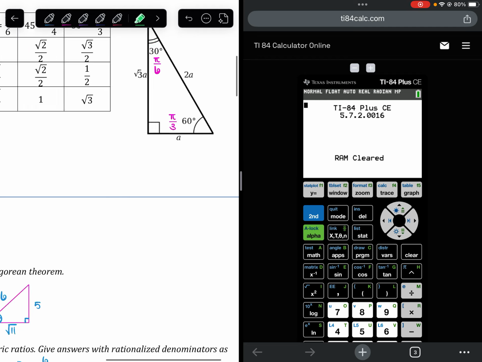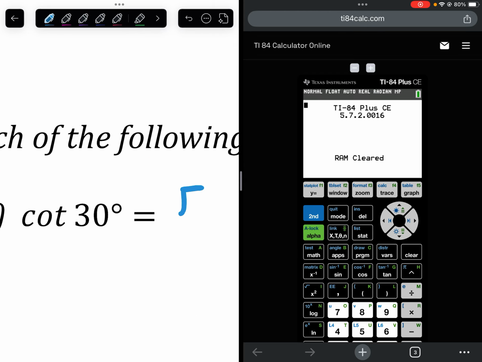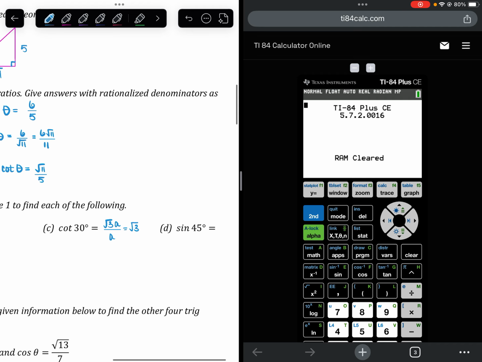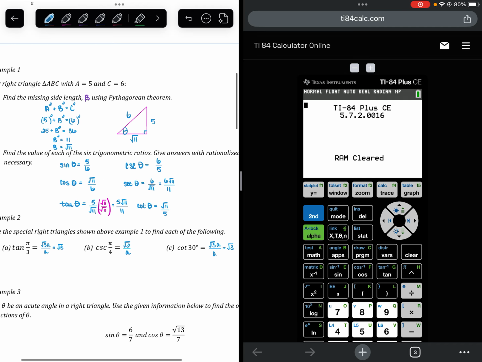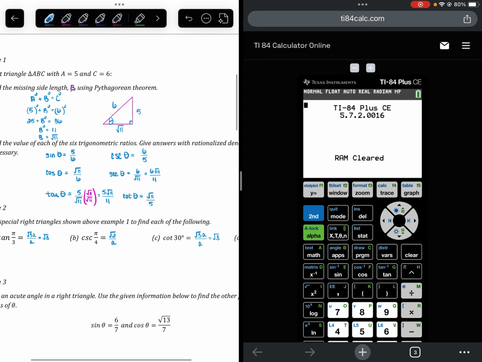So square root of 3a over a. The a's divide out, and we're left with the square root of 3. Notice, tangent of pi thirds and cotangent of 30 came out the same.